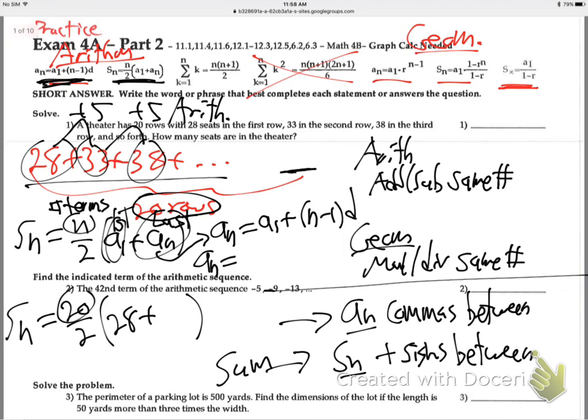So it's a1, first term again, 28, plus n minus 1. N is still 20. D, what's D stand for? The difference, it's the jump from term to term. It's 5. So that's 28 plus 19 times 5.